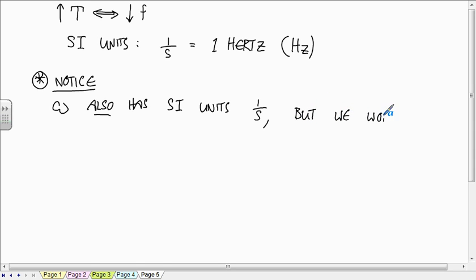But we won't call that hertz. That's just so that we don't get confused about these two different variables that have two different meanings, even though they have the same units. It's the same thing last semester when we were talking about moments. Moments had the same units as energy, but we didn't use the units of joules for moments because those two things shouldn't be interchanged.